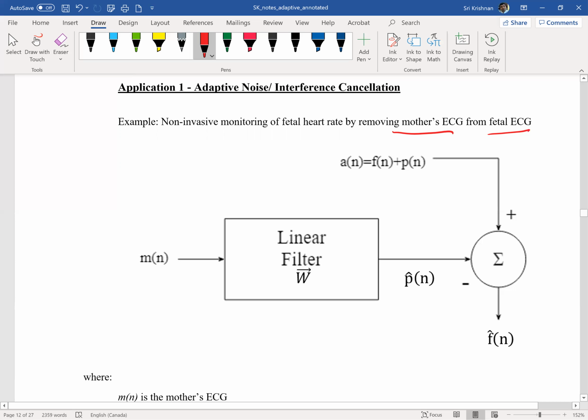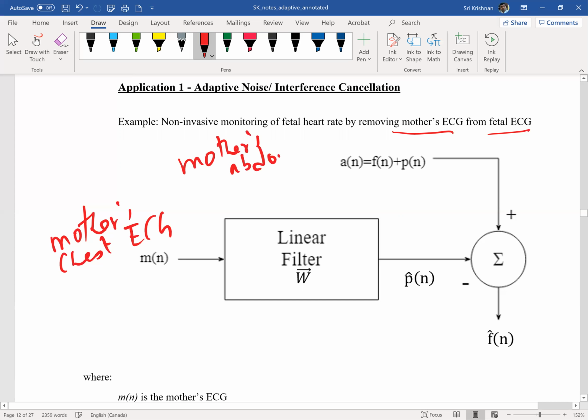So all we are doing is that the two inputs we had before are now going to be looked into more carefully. I would be sending the ECG that's obtained from the mother's chest, M of N, and the ECG from the mother's abdomen, which is going to be A of N. That's the key here.